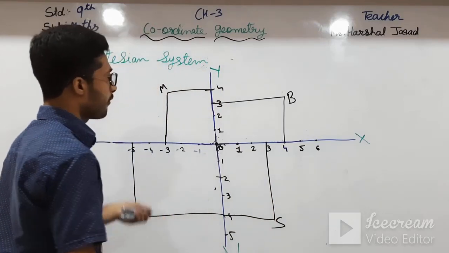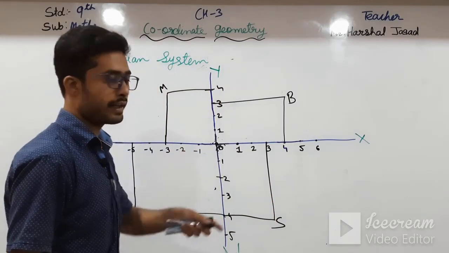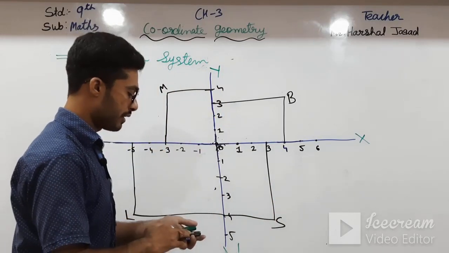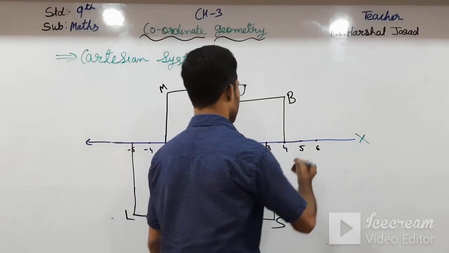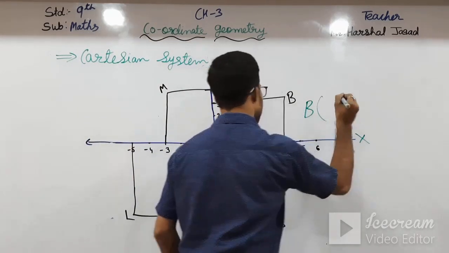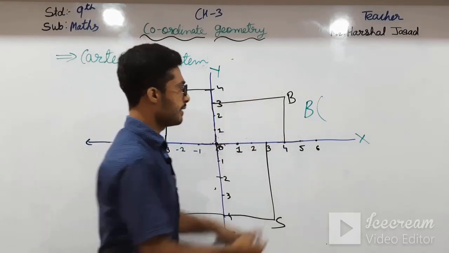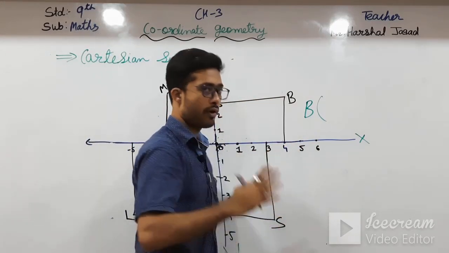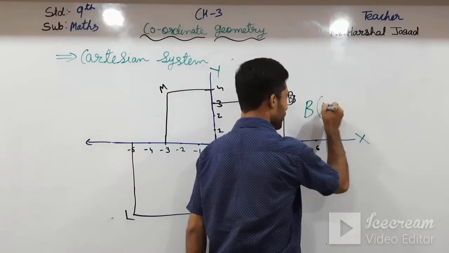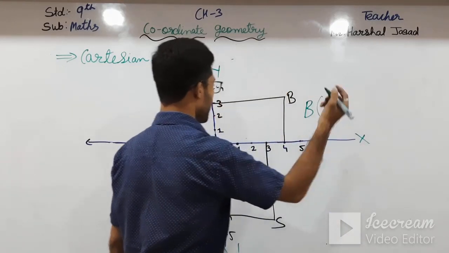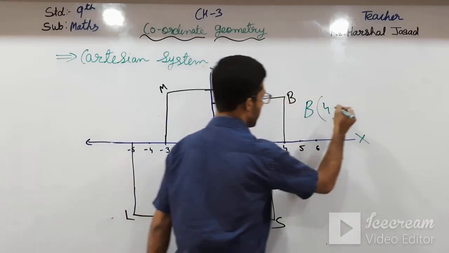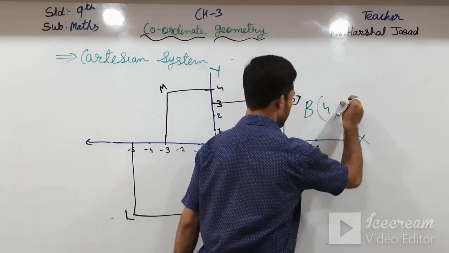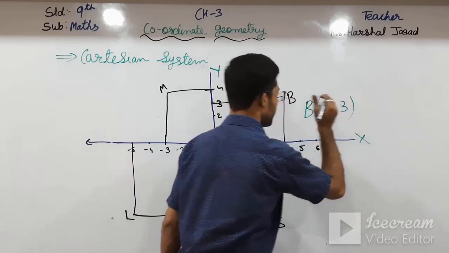So first of all finding the coordinates of B. How we will find the coordinates of B? See here, B in the x axis, where does the B point touch? 1 2 3 4, 4 units. So we will write here 4, and in the y axis where does it touch? It touches at 3.